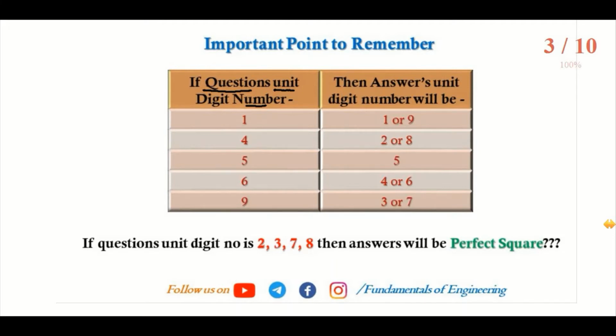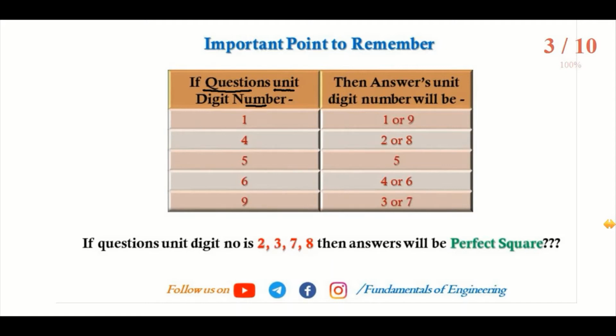So whatever the table gives will be the answer's unit digit, and these are very important to remember. If you get 1 as the question's unit digit, the square root's unit digit can be 1 or 9. You can see 9 squared is 81, and the square root of 81 is 9, right?